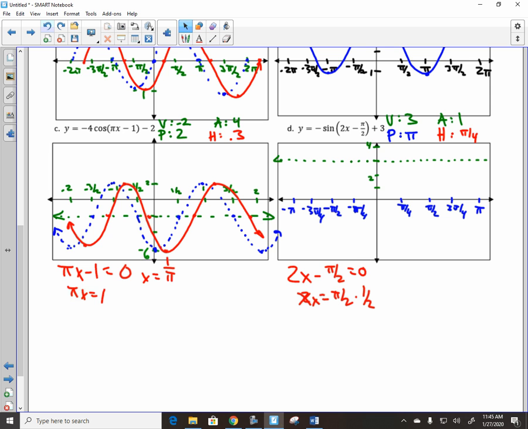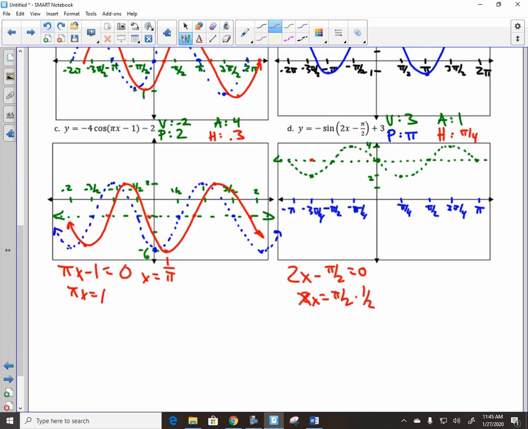So I'll first sketch the ghost graph. It's sine, so is it going to start at 2, 3, or 4? 3. It's going to start in the middle. Go ahead, up or down? Down. And now I shift everything how far?